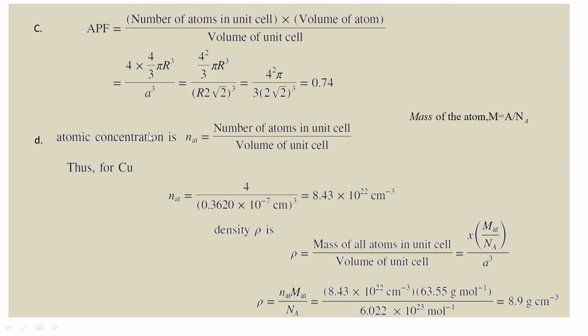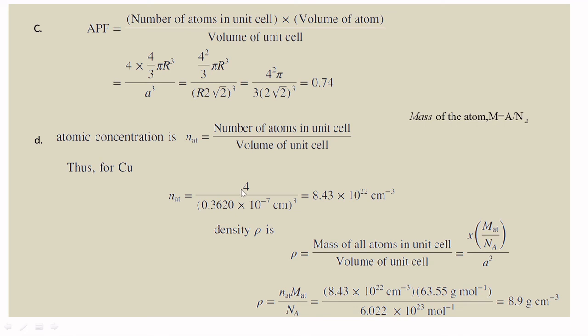Then we want to find the atomic concentration. The atomic concentration can be determined by the number of atoms in the unit cell divided by the volume of the unit cell. The formula for finding the mass of the atom is A divided by NA. Here we want to find the atomic concentration for copper, not for anything else. The number of atoms in the unit cell is 4, you know.